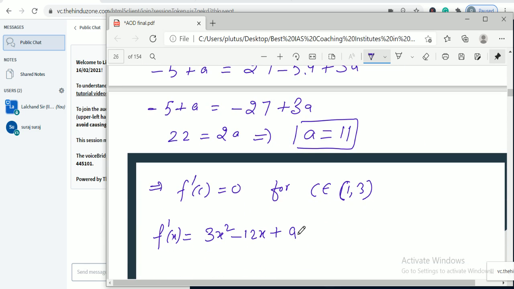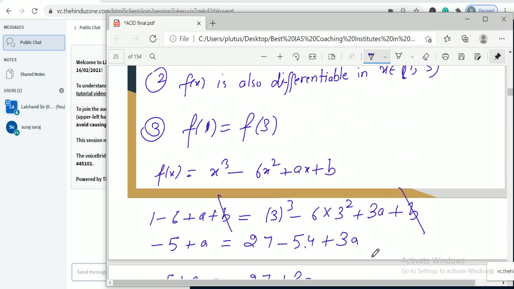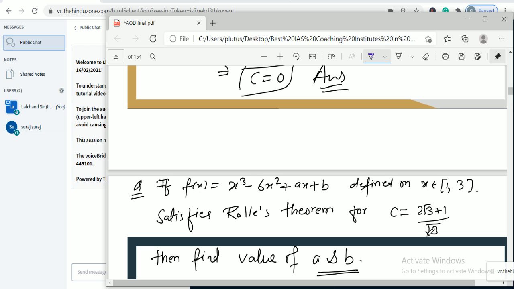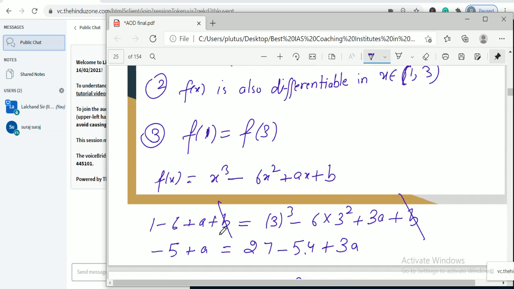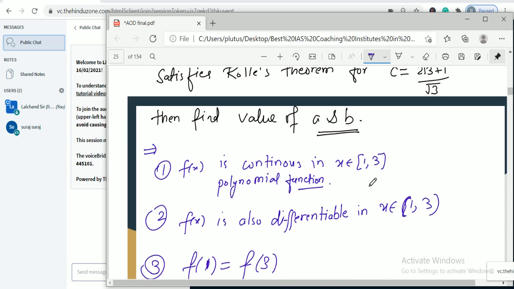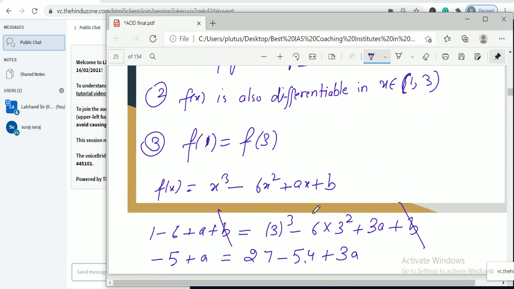Isn't it? Okay. And this should be equal to 0 for this given value of c, isn't it? So if we solve all these equations, then we will get the value of b too.